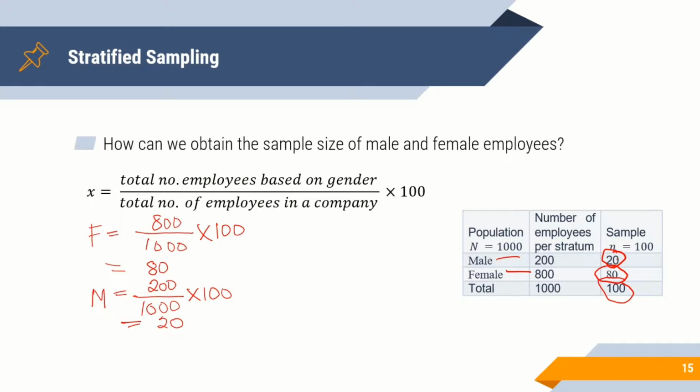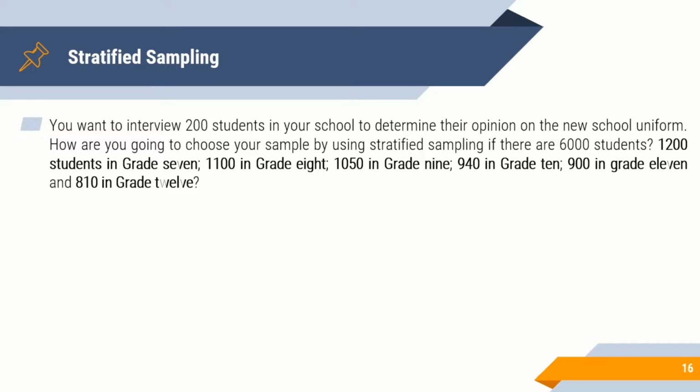Another example: you want to interview 200 students in your school to determine their opinion on the new school uniform. How are you going to choose your sample using stratified sampling if there are 6,000 students?